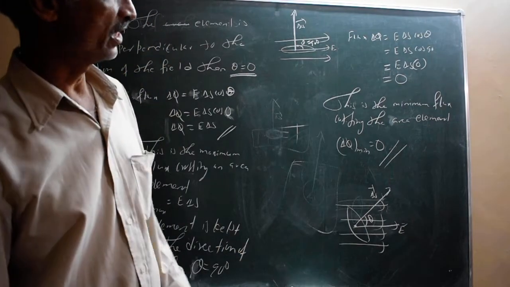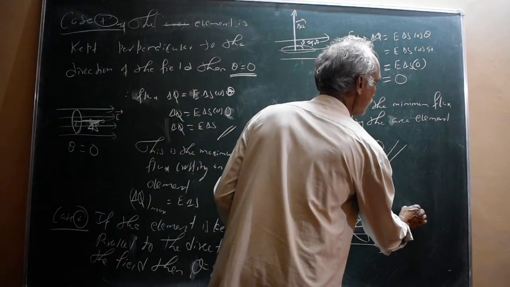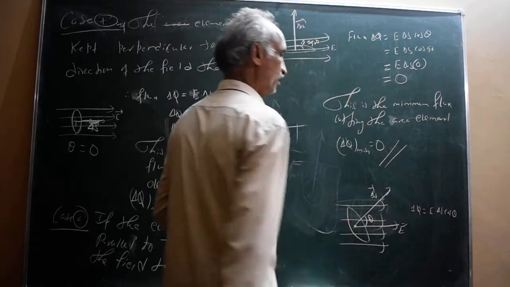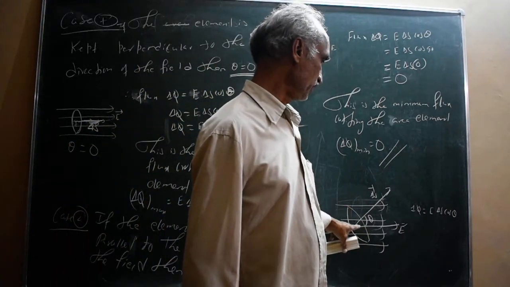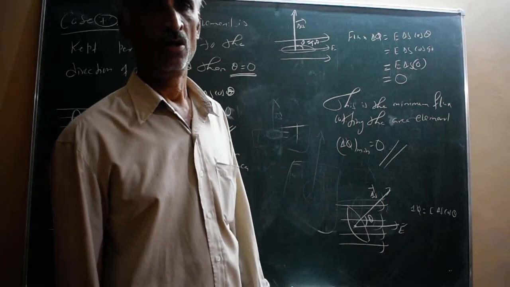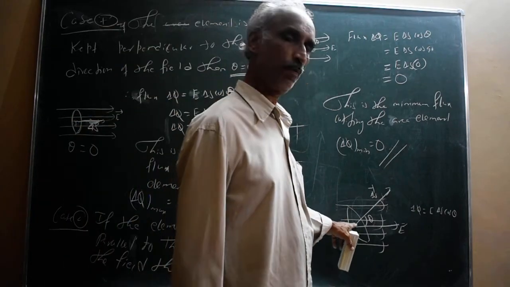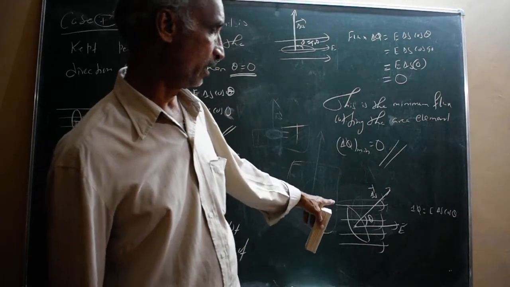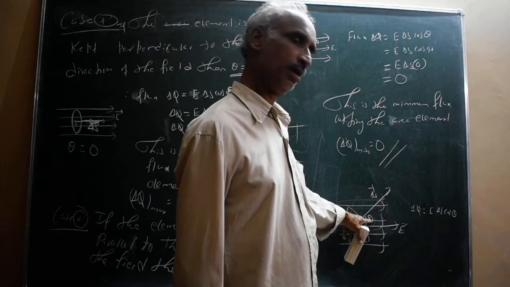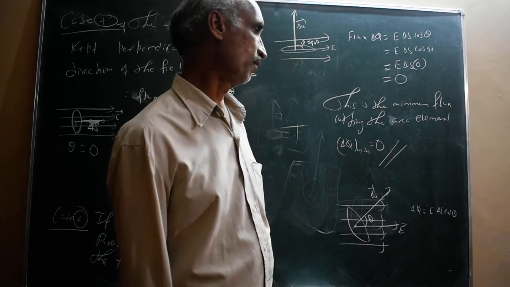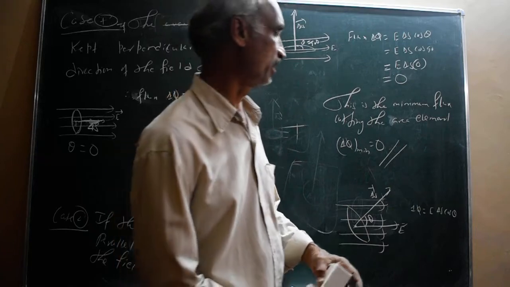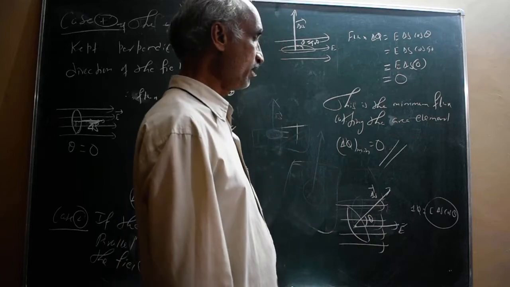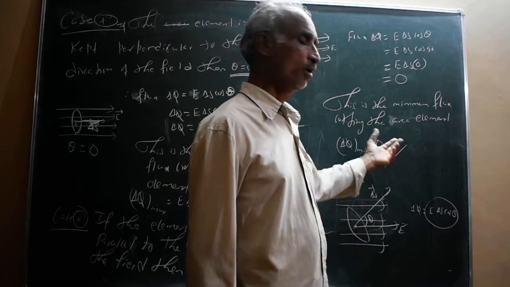In this case, delta phi is equal to E into delta S into cos theta. The element is at an inclination of theta to the direction of the field E bar, so the flux through it is E into delta S into cos theta. Its value is in between maximum and minimum.